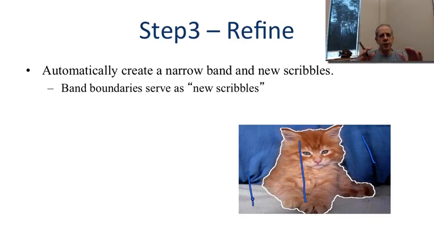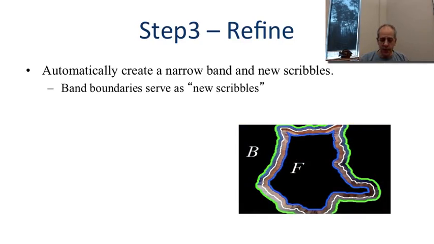But now we have a first estimate of where our boundary between foreground and background should be. We can exploit that in a second stage, which is fully automatic. And the basic idea is very simple. Okay, let's just go back. This was what our first estimate was.